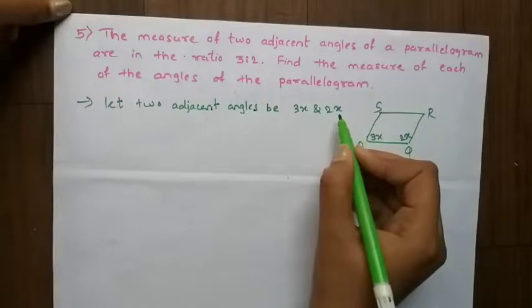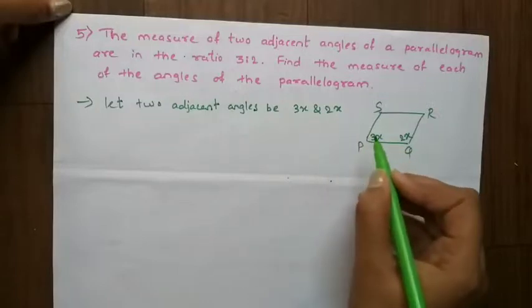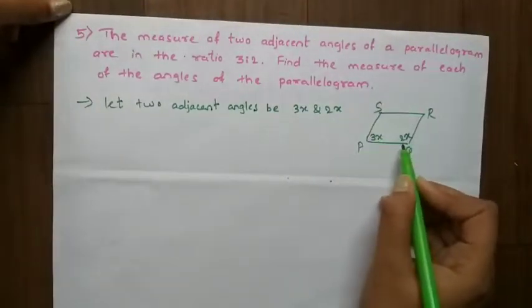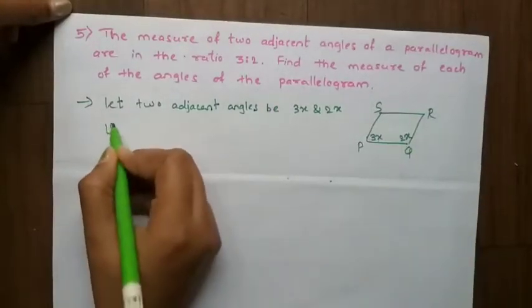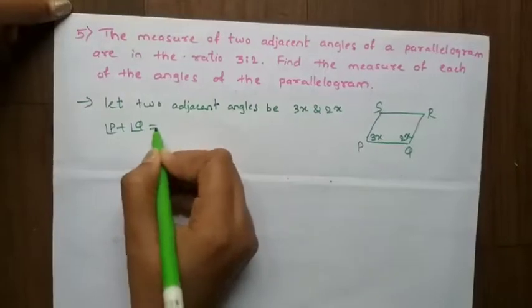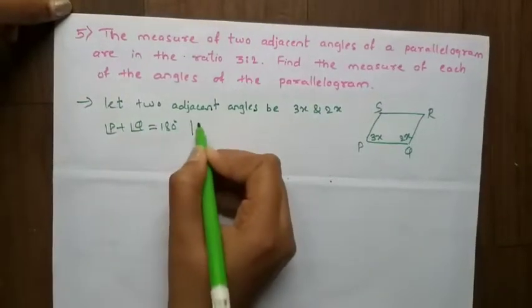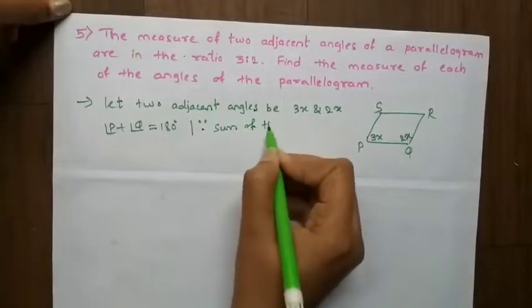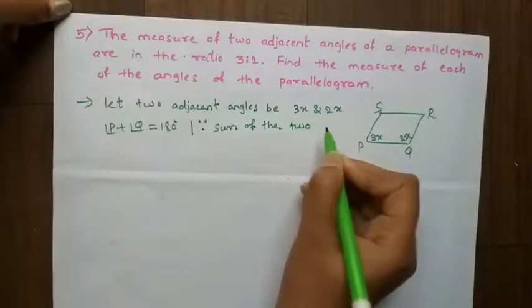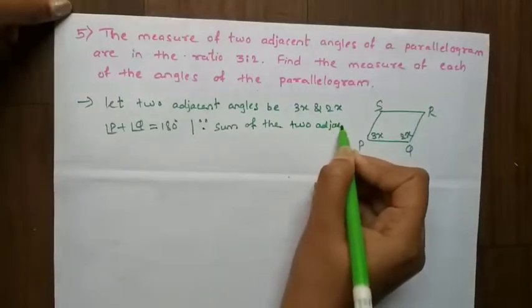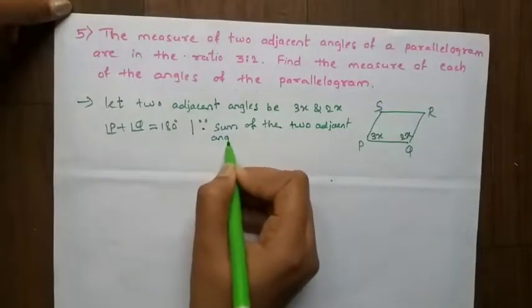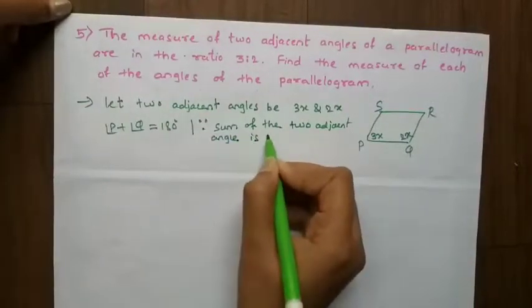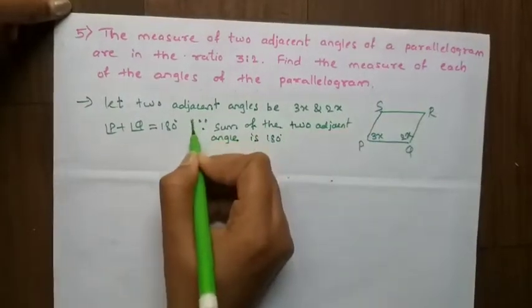Just recall all the properties of a parallelogram. We have one property: the sum of two adjacent angles of a parallelogram is 180 degrees. So here angle P plus angle Q is equal to 180 degrees, because of this property, the sum of the two adjacent angles is 180 degrees.